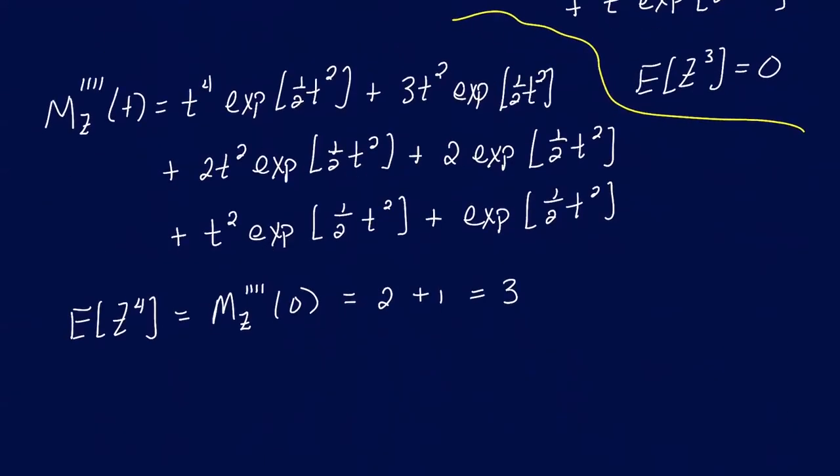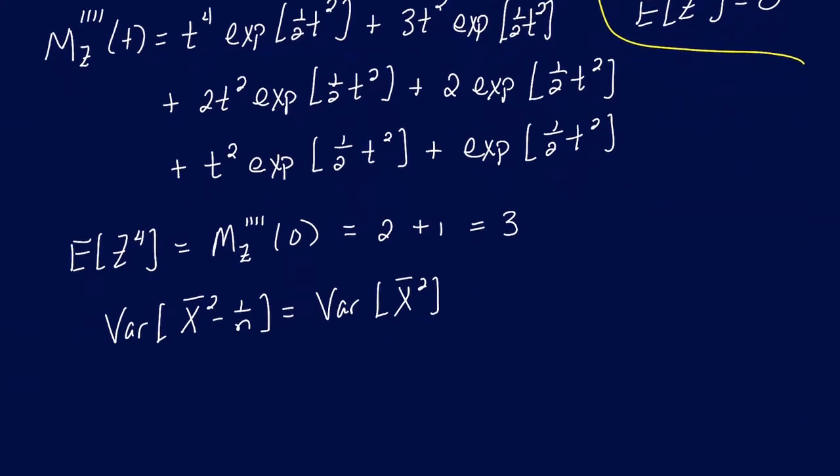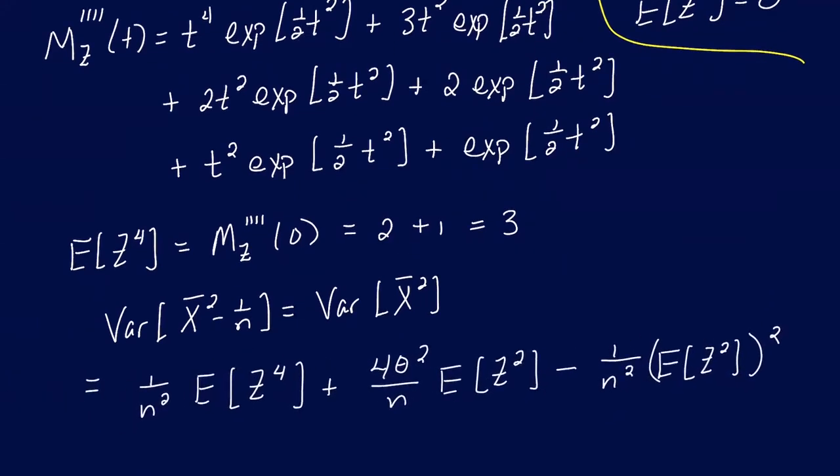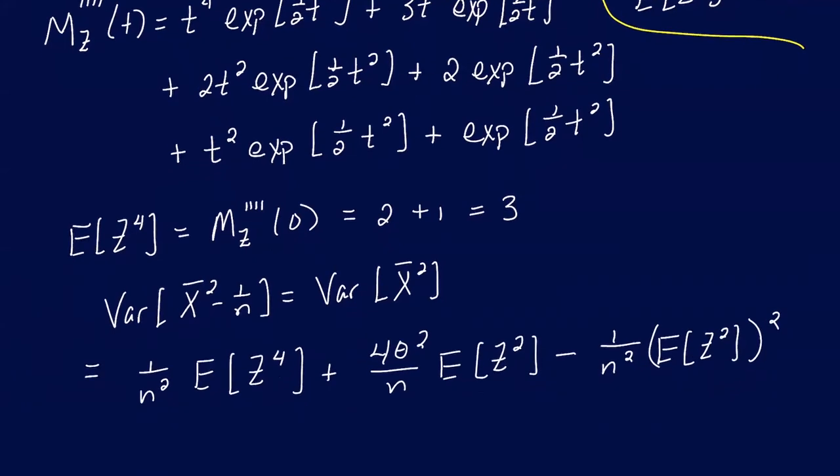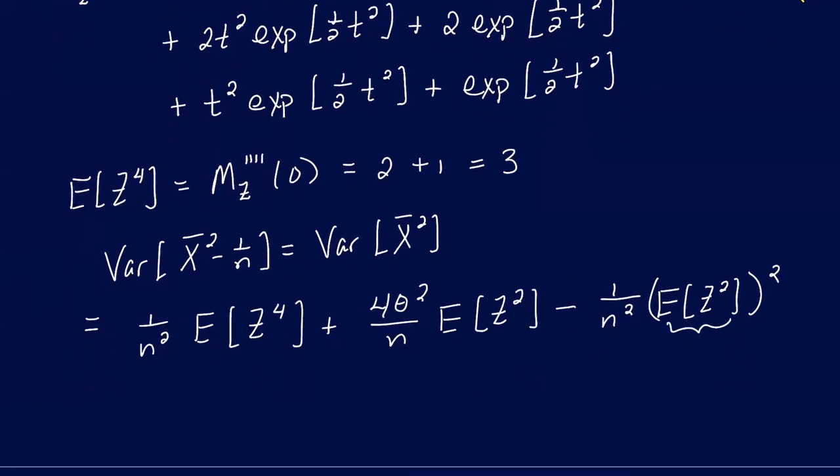Let's finish this off. This is kind of a long one, and I did it the long way. I'm going to do the chi-squared approach next, and it's going to be a lot quicker. We wanted the variance of our UMVU. We noted that adding or subtracting a constant does not affect the spread of what we're looking at, so we can drop that. And then we rewrote this as this big mess. We observed already that the expected value of z squared is 1.